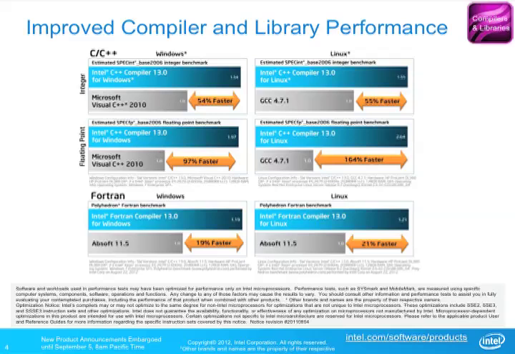Obviously Microsoft Visual Studio and their C++ compiler is widely used on Windows, and we have a substantial performance advantage in our ability to deliver performance to the end user's application. And the same thing's true on Linux with the GNU compiler. We're able to offer a performance advantage on these benchmarks, and I think that's widely applicable. We work very hard at giving a good performance experience for people that use our tools.